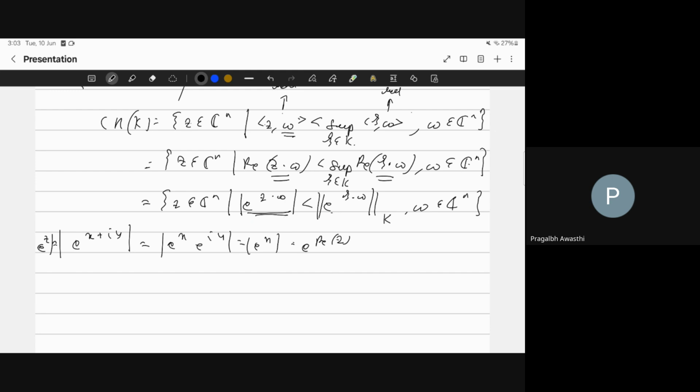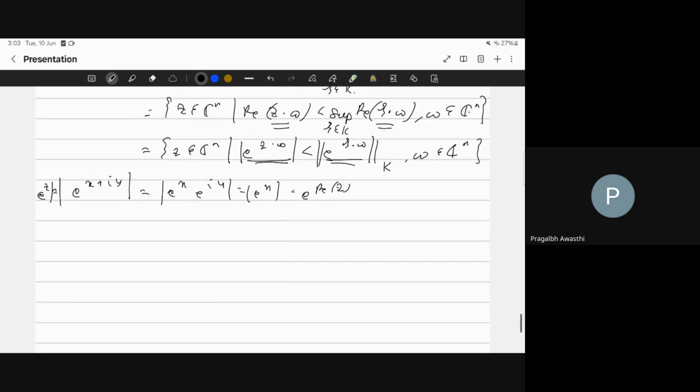So this is a holomorphic function, right? But one could generalize this notion.